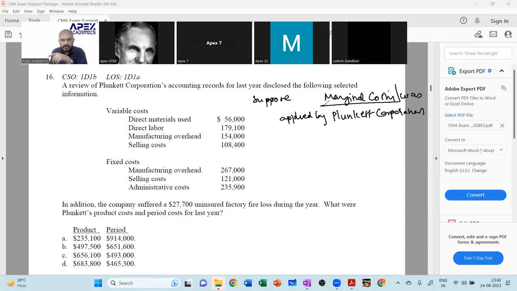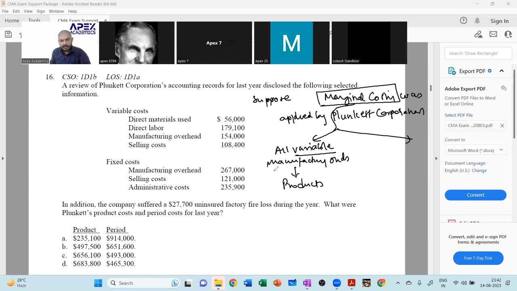Now, under marginal costing, what you need to understand is that all variable manufacturing overheads are product costs.